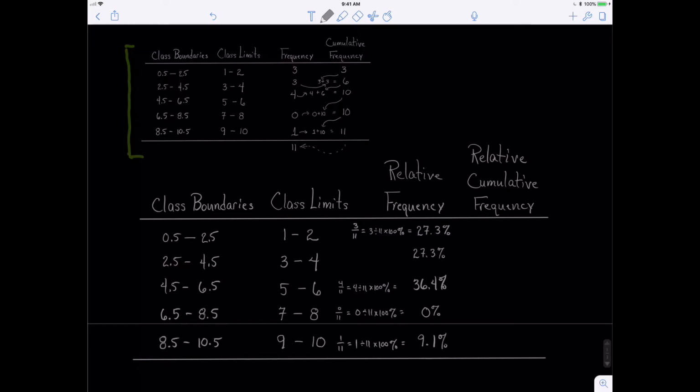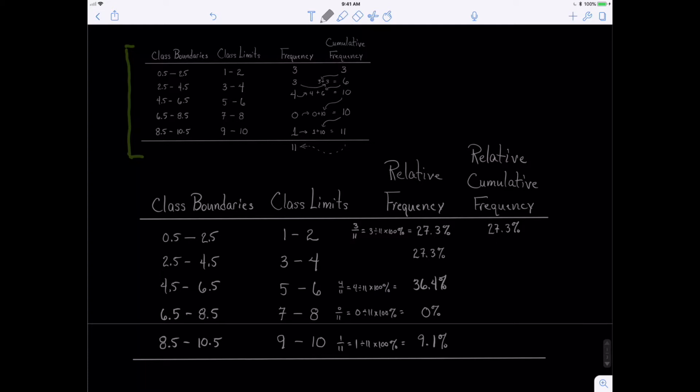Now I'm going to add these up. Let's look at the relative cumulative frequency. You just add the relative frequencies, following the same process as for the cumulative frequency, starting with the class with the lowest values and ending with the highest class. Our first class was 27.3% of the data.